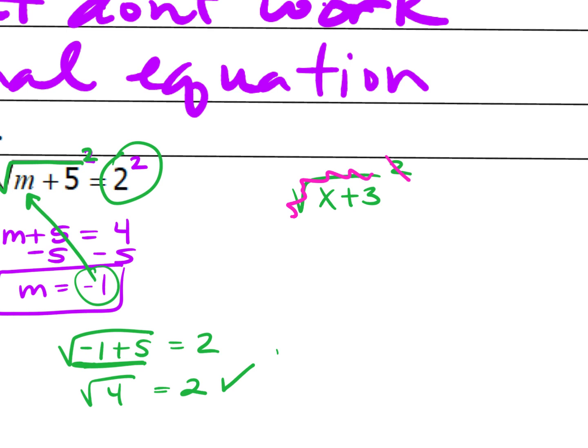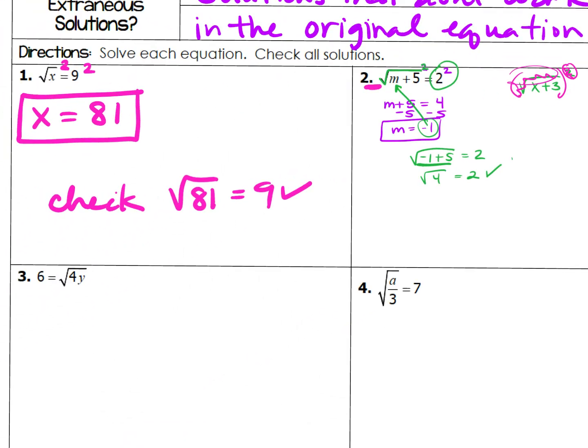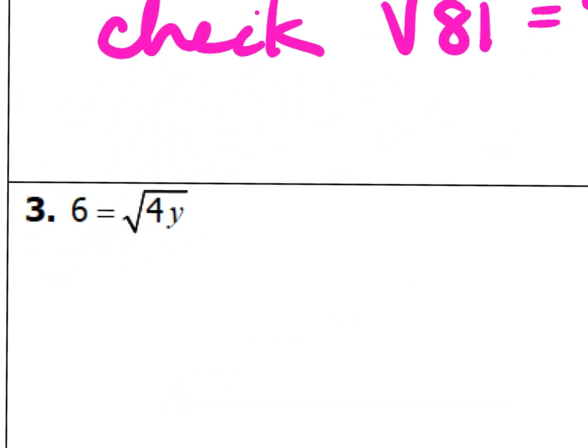We're taking this whole thing to the second power. So square rooting something is undoing a square, right? They're opposite of each other. So if you square it and square root it, then they go away. Okay, you do number 3. See if you can solve that.